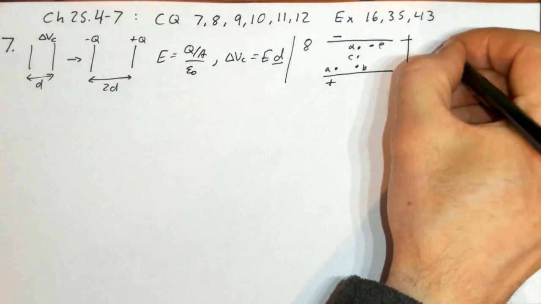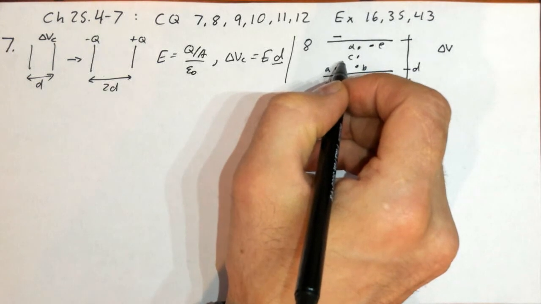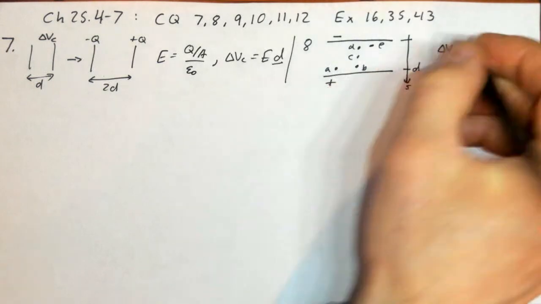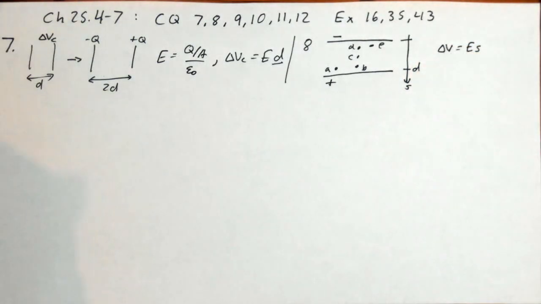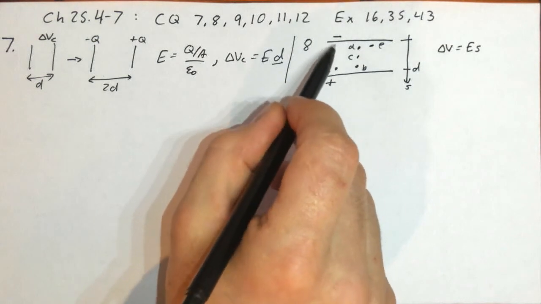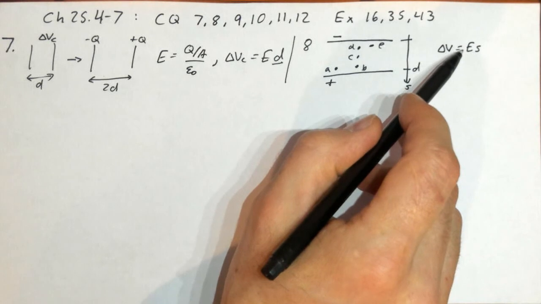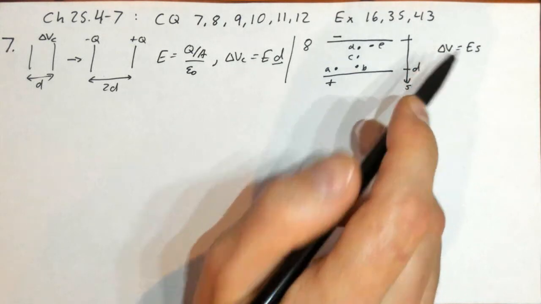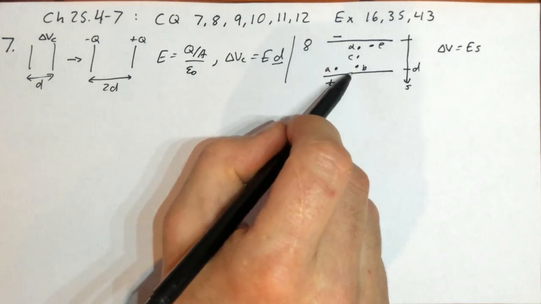So delta V between the negative plate and the point within is equal to E times S, whatever position you're at. So the potential increases as you go away, since the electric field is positive there.